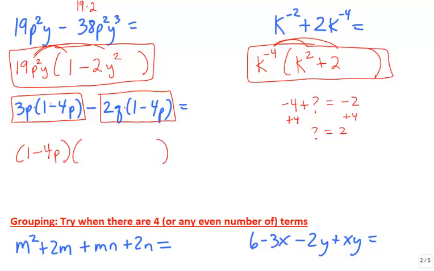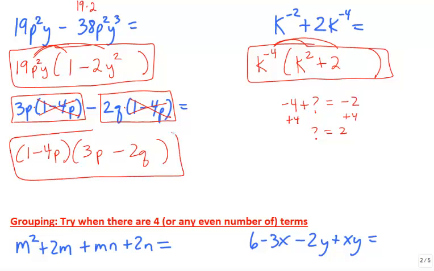So from this first box, if I have pulled this out, then the only thing that's left would be this 3p. And if I go to my second box and I have factored or pulled out this 1 minus 4p, then the only thing that's left is the minus and the 2q. And so this would be our final factored form. So that one's a little different looking.